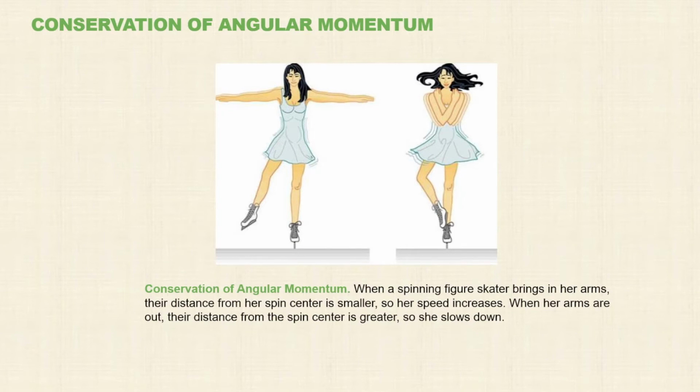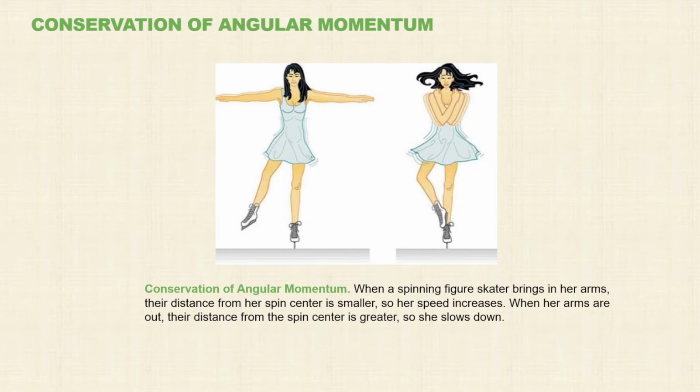It's Olympic season, the Winter Olympics. See, there's figure skating. They display conservation of angular momentum in a very nice way. You have seen that when their arms are spread apart, and even their legs are spread apart, and they rotate, they have a certain angular momentum.